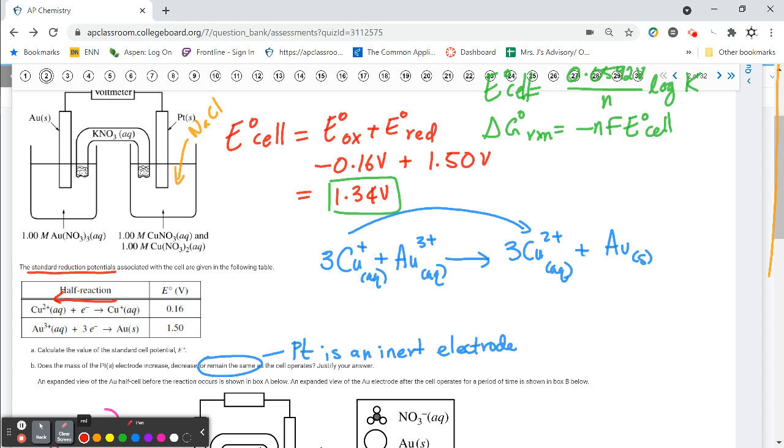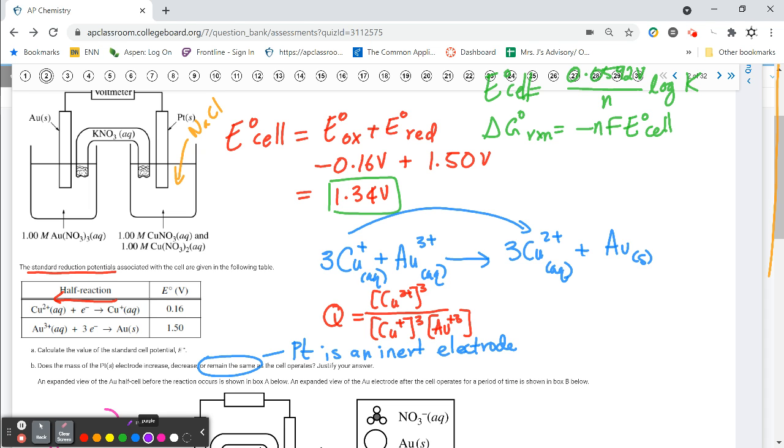Now think about what an equilibrium constant or a Q value would be. Q would be the concentration of copper 2 plus cubed over the concentration of copper 1 plus cubed times the concentration of gold with a plus 3 charge. That is what your Q value would be.